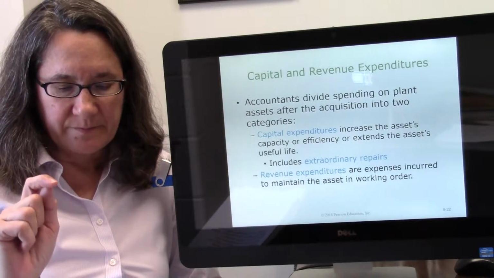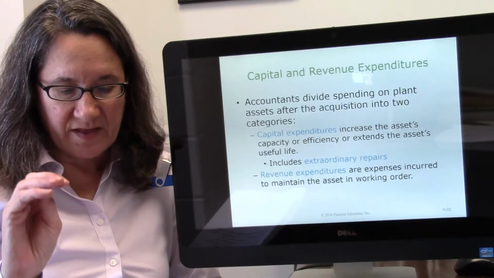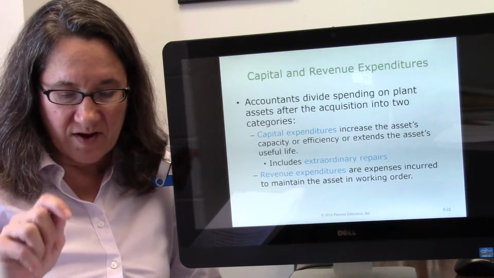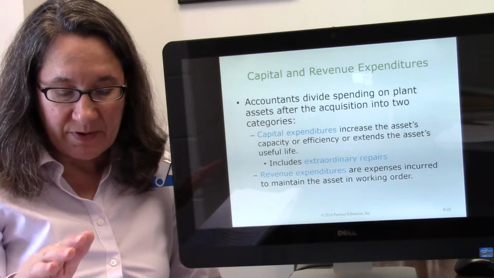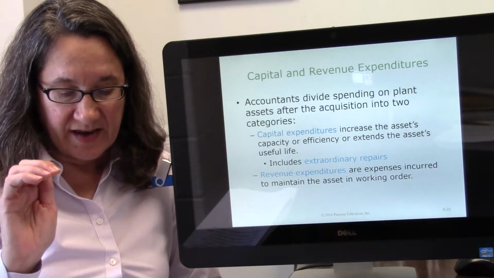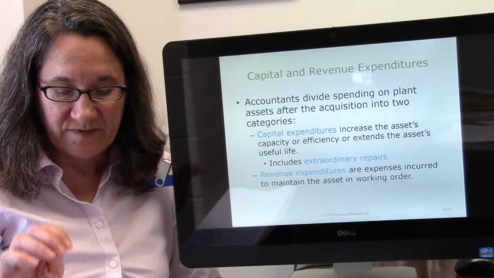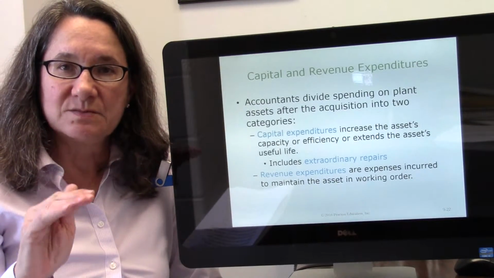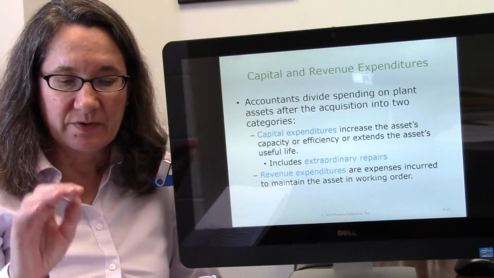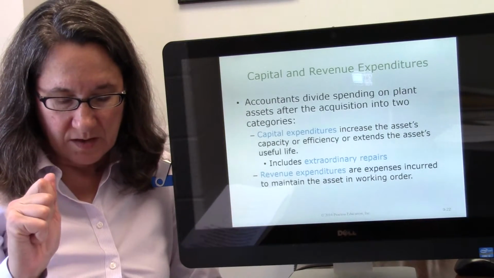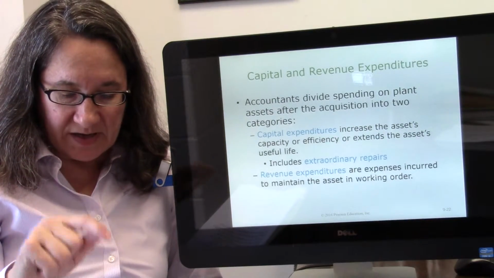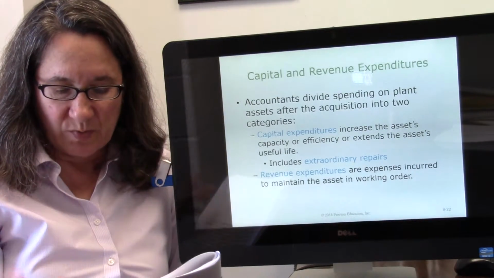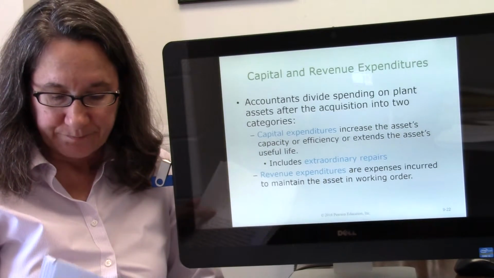Accountants divide spending on plant assets after the acquisition into two categories, capital expenditures and revenue expenditures. A capital expenditure is an expenditure that increases the capacity or efficiency of a plant asset or extends its useful life. So you're going to add that to your asset. A capital expenditure is also called a balance sheet expenditure because the cost is reported on the balance sheet as an asset.